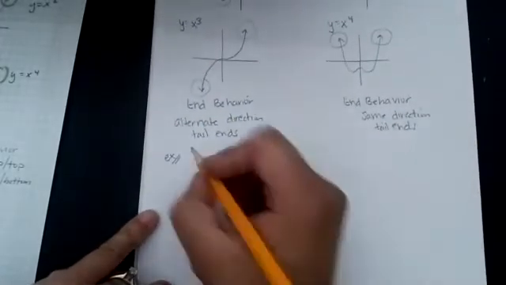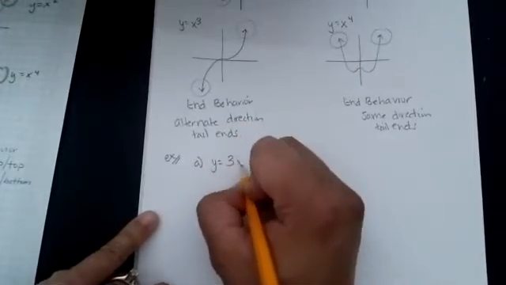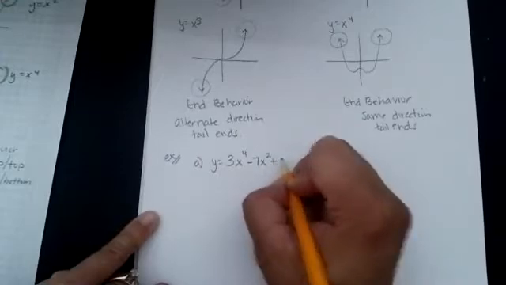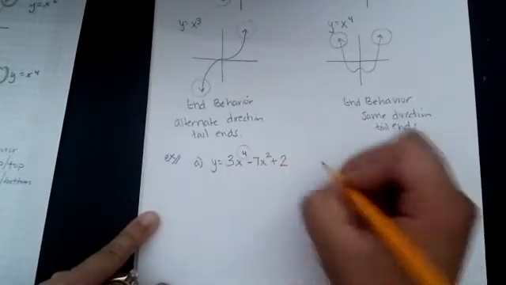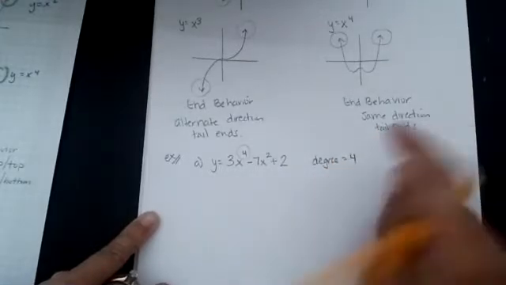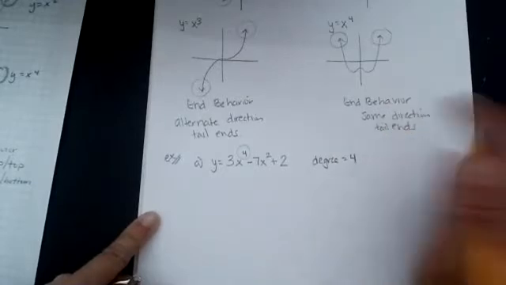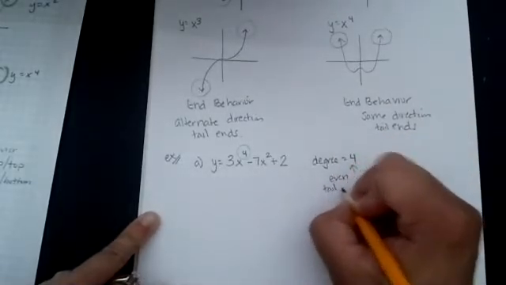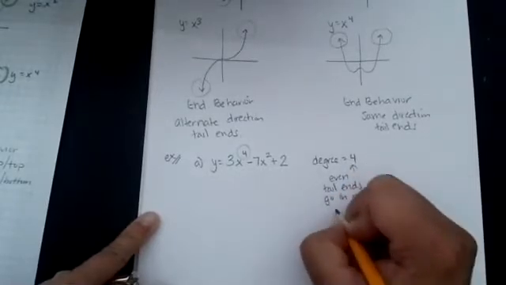If I gave you y equals 3x to the 4th power minus 7x squared plus 2, you are only going to look at the degree. So right here, the degree is the number 4. So what does that tell me? That tells me that the tail ends have to go the same direction. Even, so the tail ends go in the same direction.